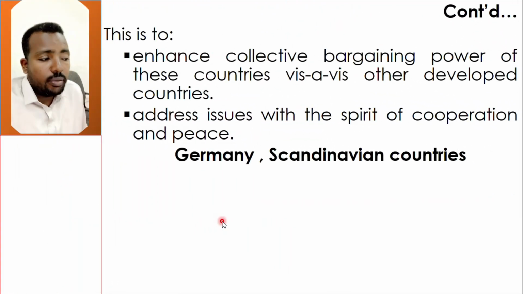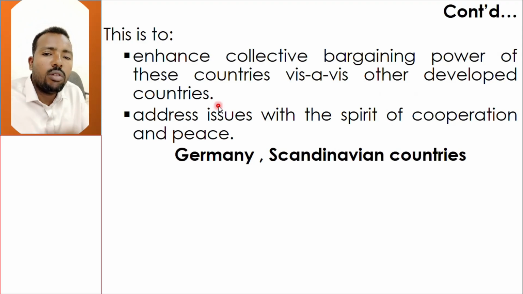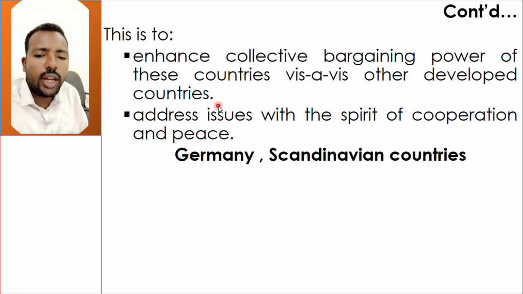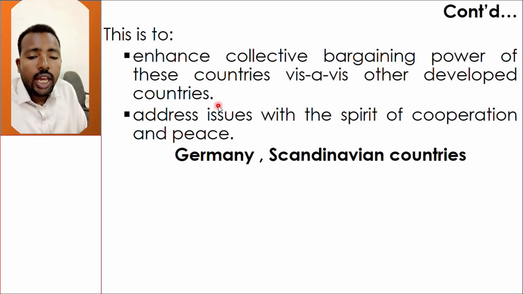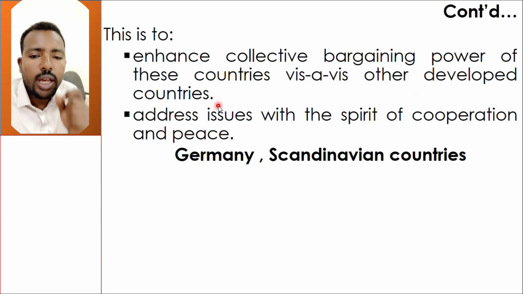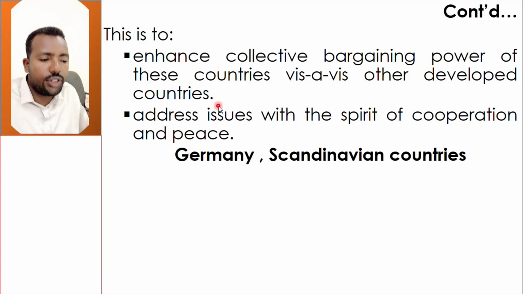They want to enhance the collective bargaining power of these countries vis-a-vis the developed countries, to enhance their collective achievement, collective intervention and also interest. So they want to be heard, they want to tell their voices, and also make impact and pressure on developed ones. So as to make their voice heard, they collaborate and use multilateral forums like the United Nations.